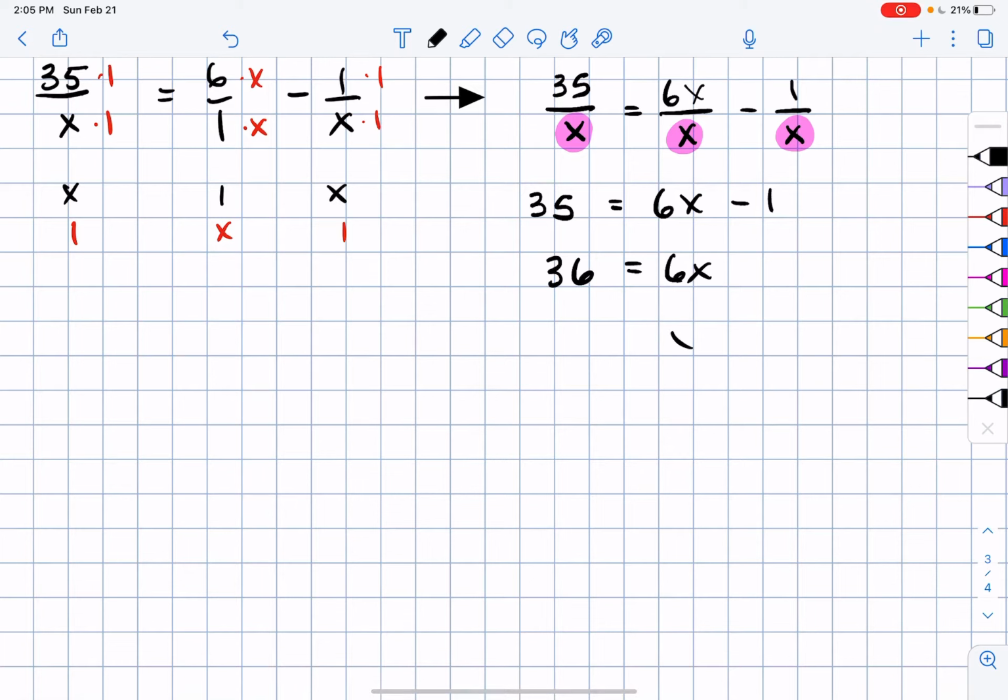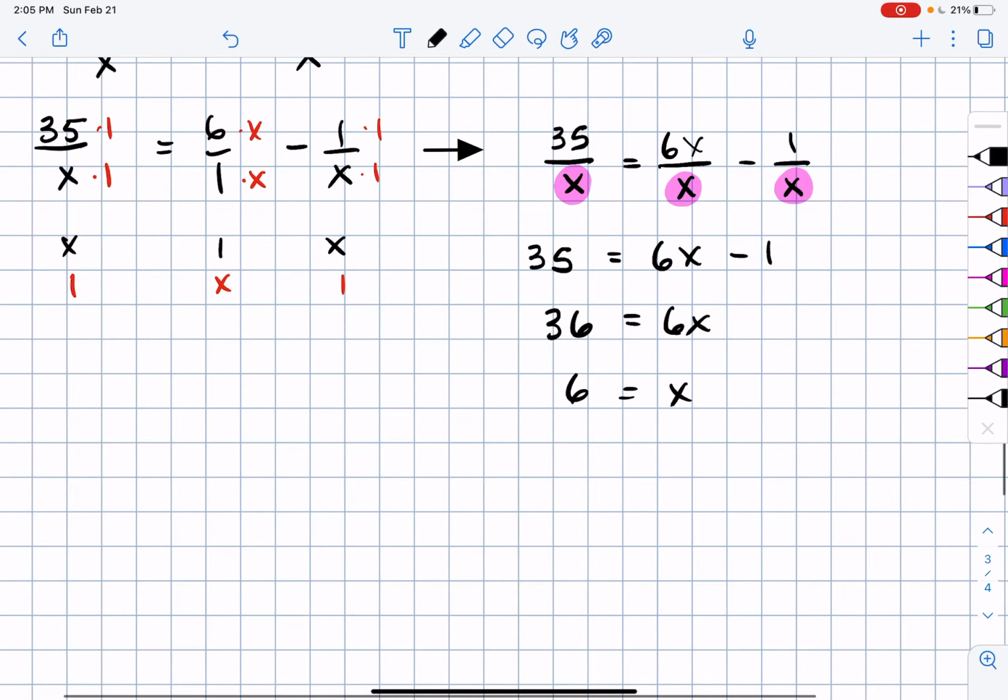Divide by 6, so x is going to equal 6. And again, I would look at this right here. If I put a 6 in for x here, would it make this fraction undefined? No. Put a 6 here, would it make that undefined? No. So therefore, that is my answer, and that is going to be choice C.